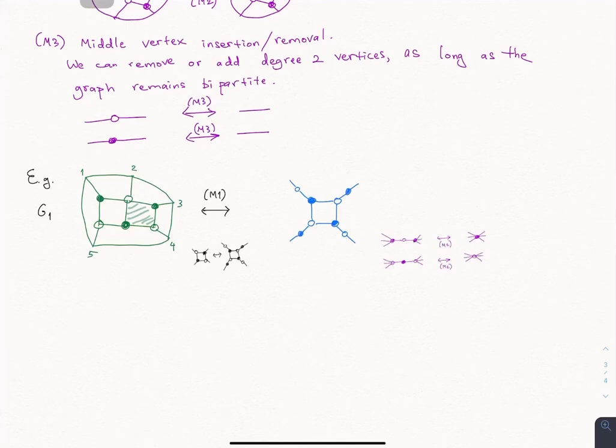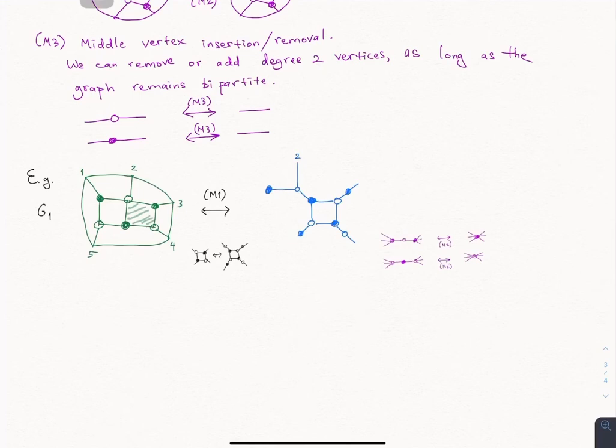So I connect this white vertex to the boundary vertex 2 and also the internal vertex that is black.